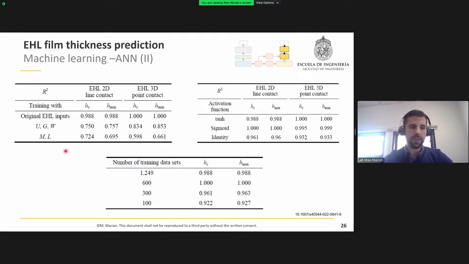But still, I believe that one interesting aspect of ANNs, or machine learning in general, can be to study the influence of the different parameters, maybe come up with new non-dimensional groups if that's possible, and also to tackle exactly that issue of fluid rheology, to see which parameters we actually need to predict the film thickness, and which parameters we might omit in the prediction, and also to widen it up. Of course, in our case, we had rheological models in our FEM simulation that are part of the database.